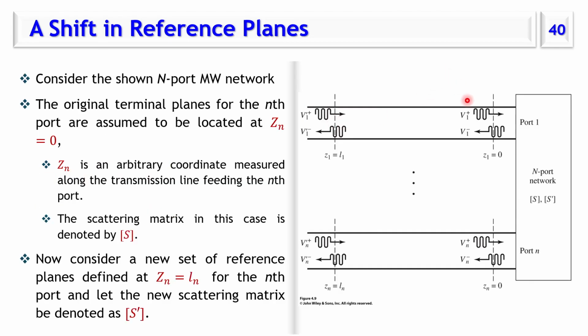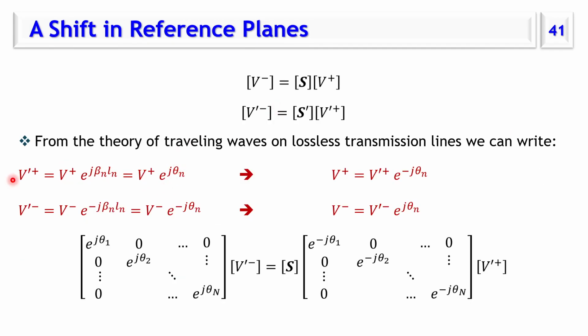So here, the incident wave that is L meters away from the port would have V plus multiplied by e to the j beta n Ln. Beta is the propagation constant, or the phase constant. Ln is the displacement of the reference plane for port n away from the original reference plane.